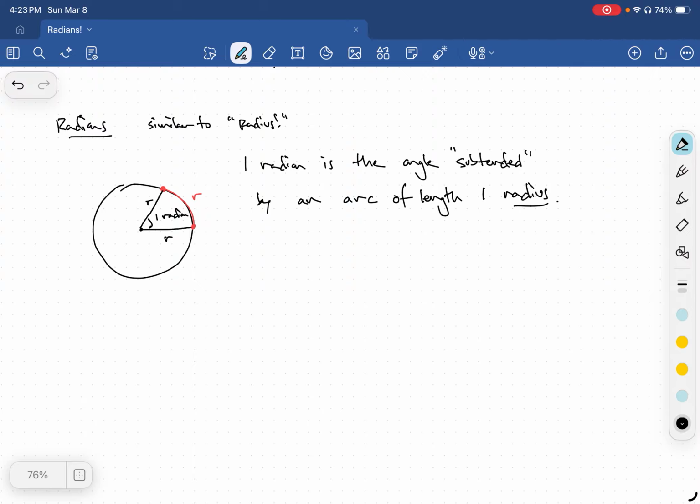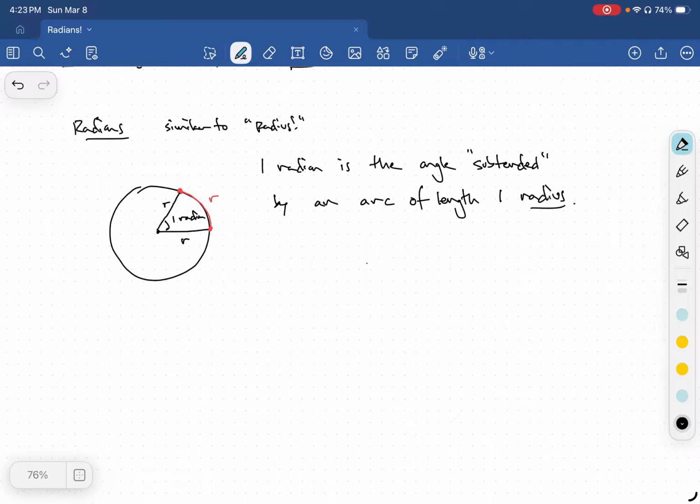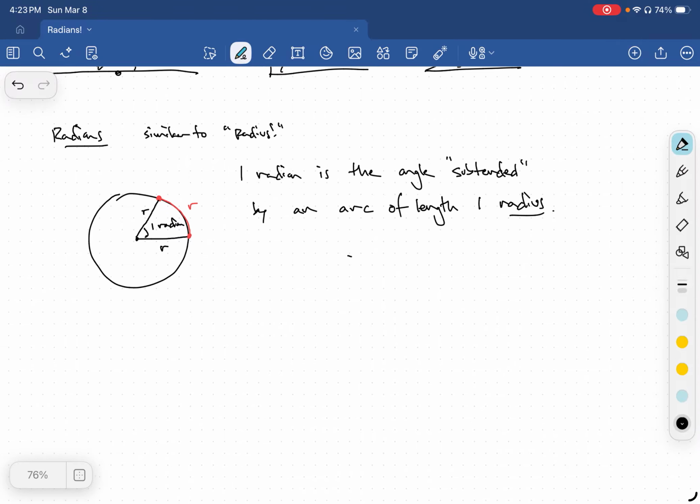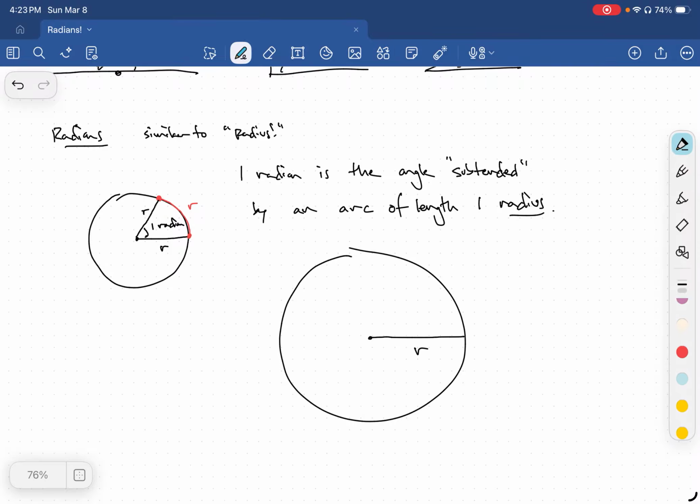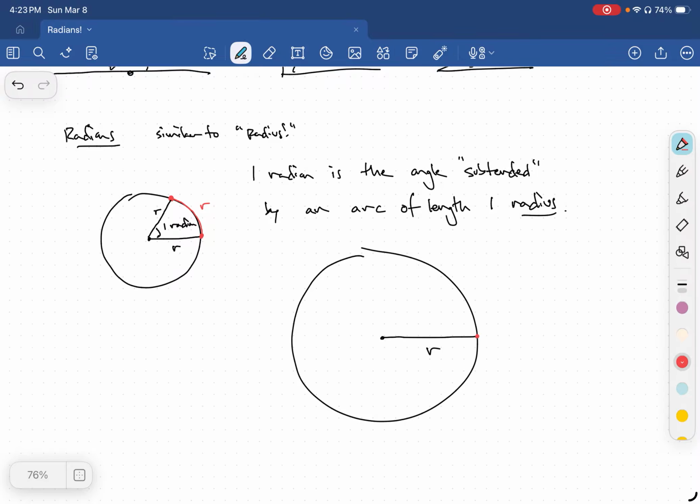So you'd say, well, what if the circle changes size? What if I have a bigger circle like this? Well, that's going to mean my radius is going to be bigger. And again, if I take the length of that radius and I lay it out along my circle, I'm estimating here, but let's say it's about that long. And I look at the angle created by that, it's still the same angle.